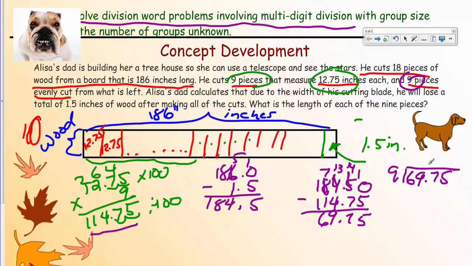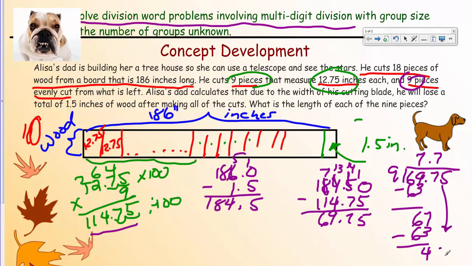Well, 9 goes into 69, I believe, 7 times. That gives me 63. Now we have 6 down here, as we subtracted. Bring down the 7. Again, 7 times 9 is 63. Bring down a 4, and then I bring down my 5. And now 9 goes into 45, of course, 5 times.